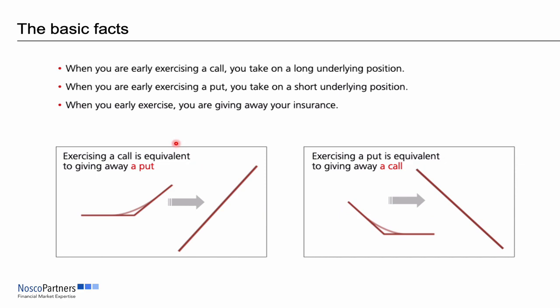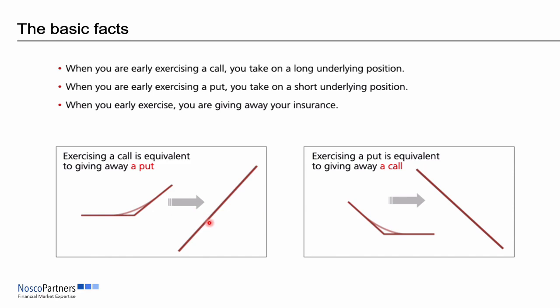Very important to understand what happens when I early exercise. Here we have an American call option. We know that if I exercise the call option, I change the position from a call into a long position in the underlying. And it seems as if we are giving away a put.